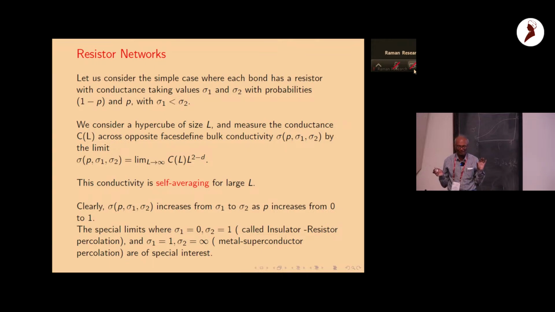Even for a square lattice, if you have these conductances sigma 1, sigma 2, what is this function sigma? Nobody knows the exact answer. You can do some simulation, there is an approximate curve. In fact, without doing the simulation, I told you this is how it will behave. So this much we can guess. But can I calculate the exact shape of this curve? That is hard to do.